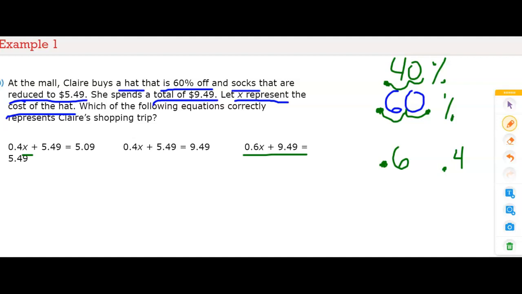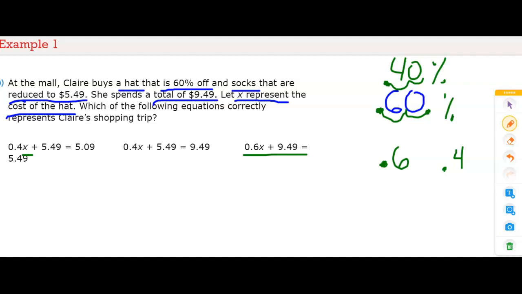So it's telling us here that 6/10 times x, which is the total cost of the hat, plus the $9.49 is going to equal $5.49. So to find the percent off of something, you are supposed to take that percentage and the total cost, and then you multiply it by that percentage.